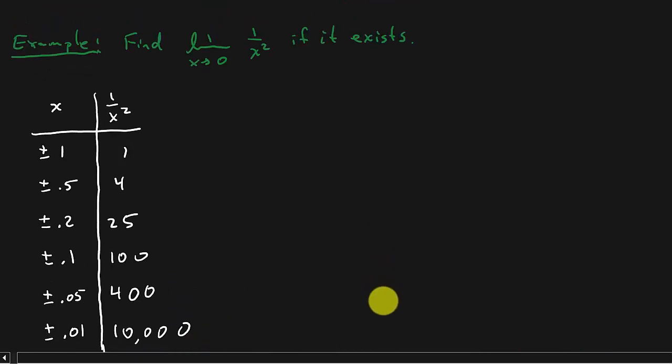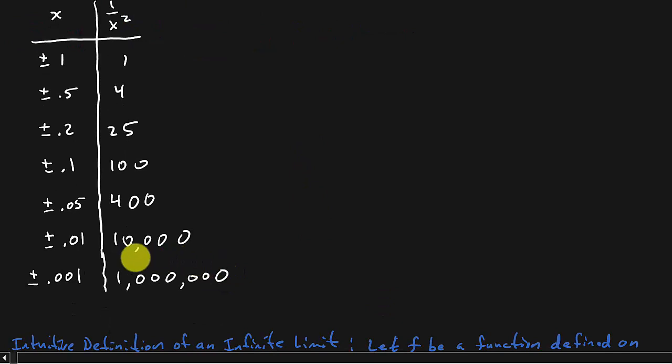Okay. So what's happening here? I'm getting closer and closer to 0 from both sides. And what are these y values doing? They're just getting bigger and bigger and bigger. So if I did 0.0001, that number would even be bigger. And the closer I get, hopefully you can picture that the function is not approaching a number.